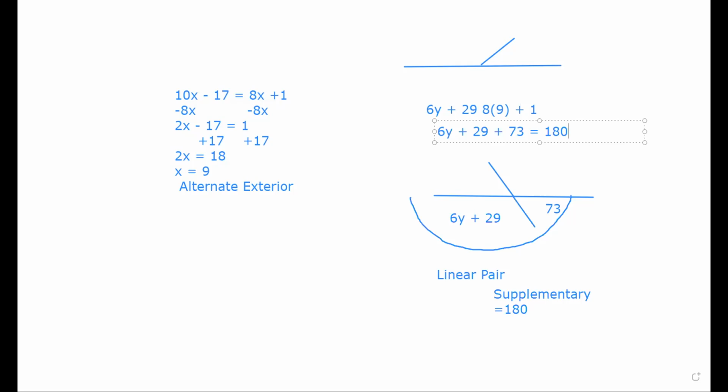So now we got a single variable equation. We can solve for y easily. Questions on how I came up with that equation? All right.